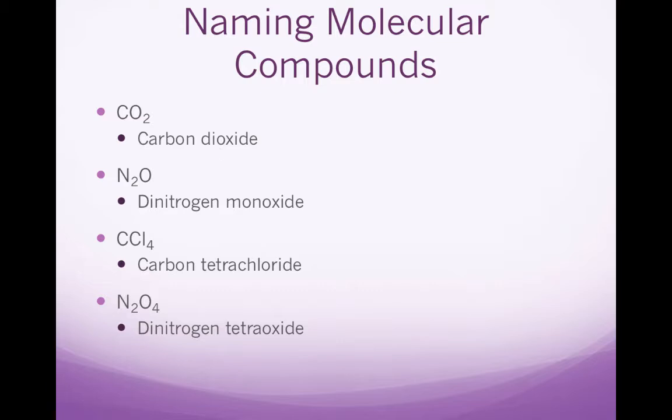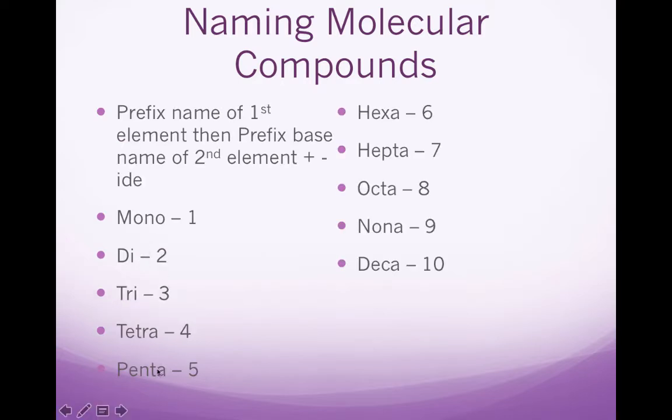So here we have carbon dioxide. We have 1 carbon and 2 oxygens, dioxide. N2O, we have 2 nitrogens, so we have dinitrogen, just 1 oxygen, monoxide. If your element starts with a vowel, you just drop the vowel off of the prefix.